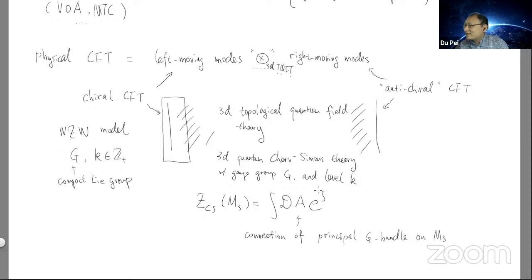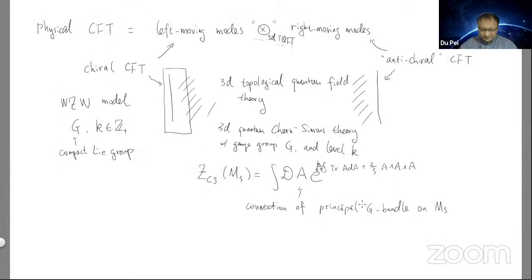And the action is given by k, the level, over 4 pi times the Chern-Simons form that looks like trace of A dA plus 2 over 3 A wedge A wedge A. So this is how physicists usually talk about and study this Chern-Simons theory.